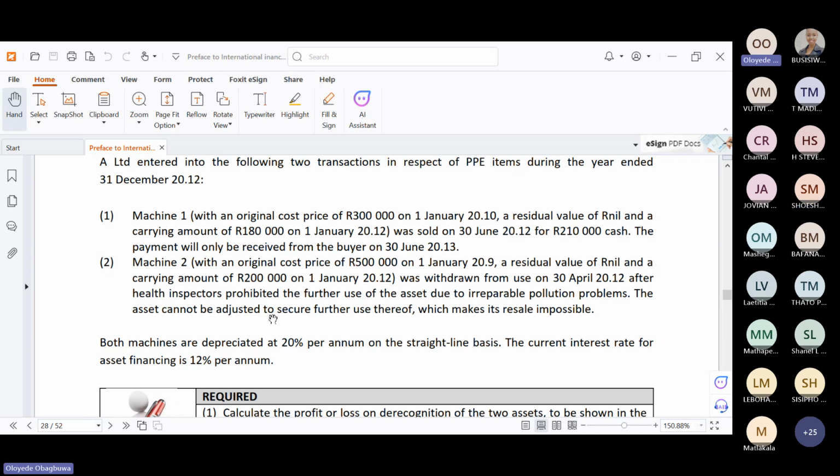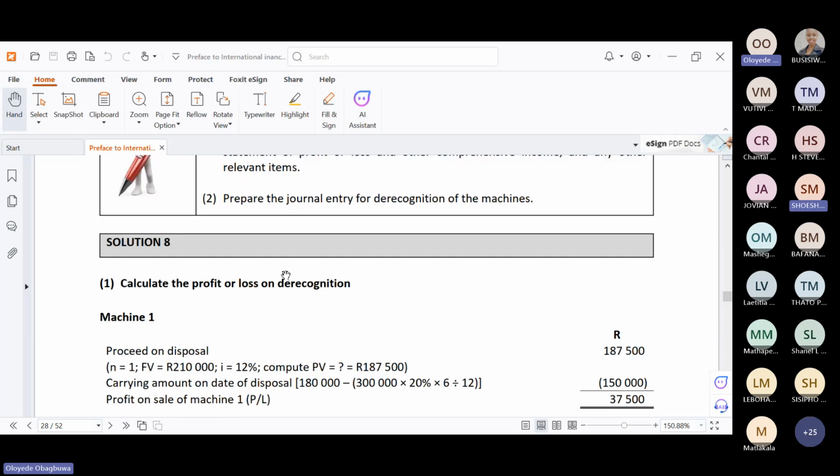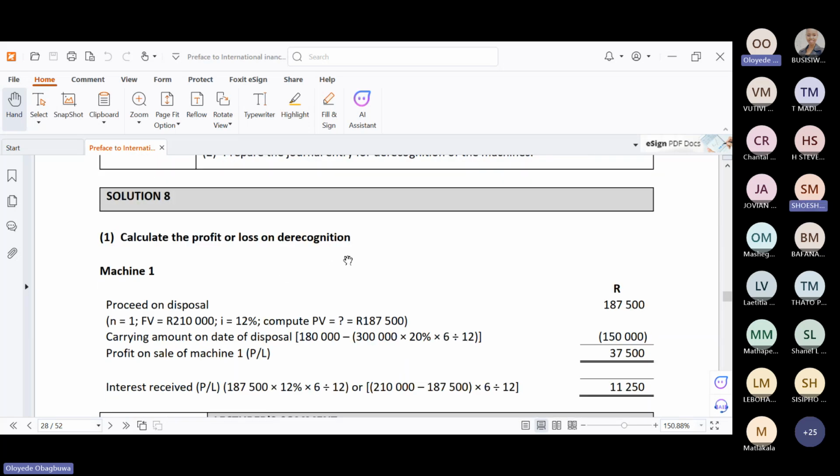The same thing with machine 2. What I'm emphasizing here is that when you are talking of disposal and recognition, the carrying amount at the point of disposal is what you will aim at. Once you determine it and compare it with the amount that the asset was sold for, you'll be able to determine whether there's a profit or not. So let's quickly look at the calculations here.